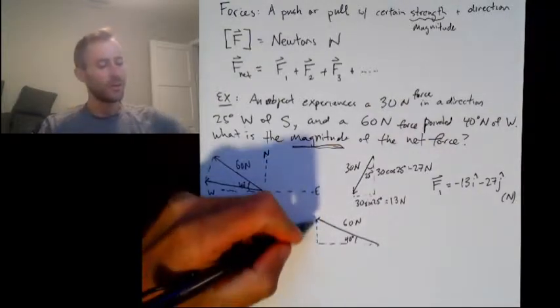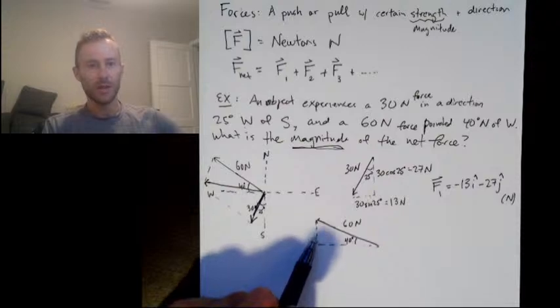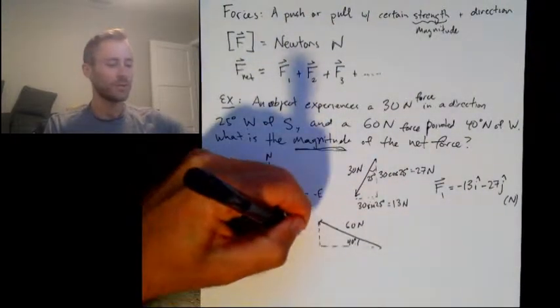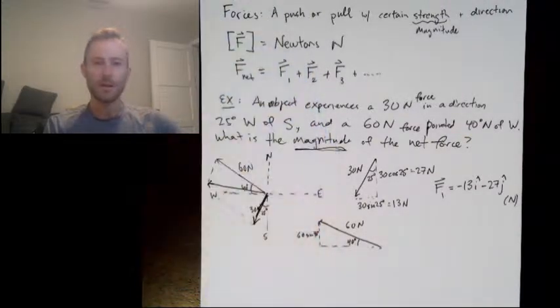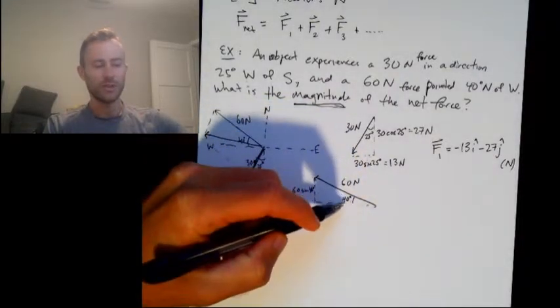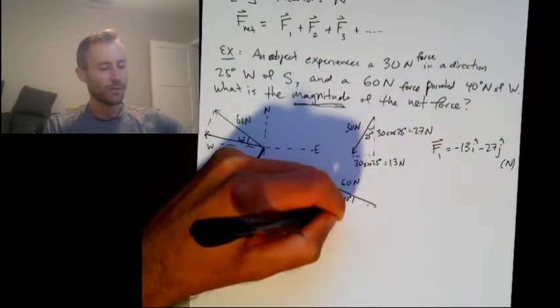So the vertical component is opposite the angle. So that means I'm going to use sine. Sine is opposite over hypotenuse. So this is going to be 60 sine of 40 degrees. And the horizontal leg of the triangle is adjacent to the angle. So this is going to be 60 cosine of 40 degrees.